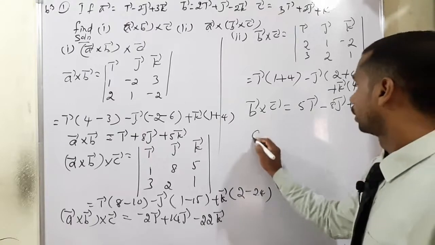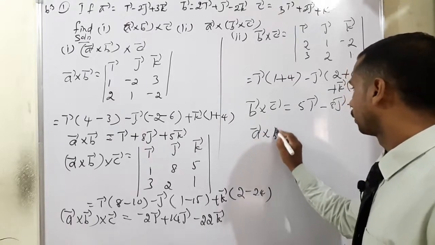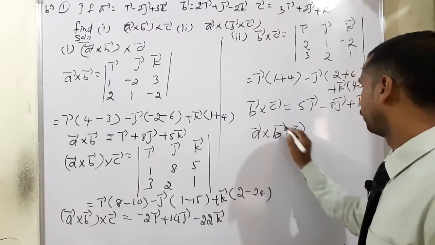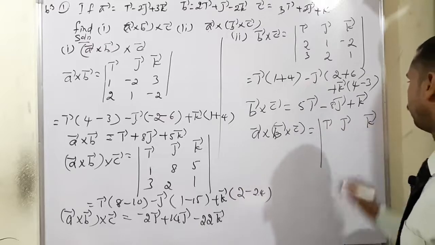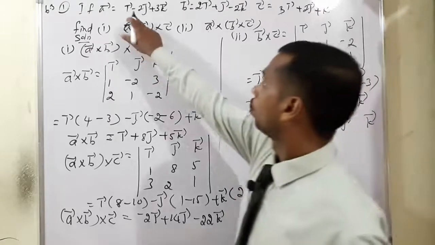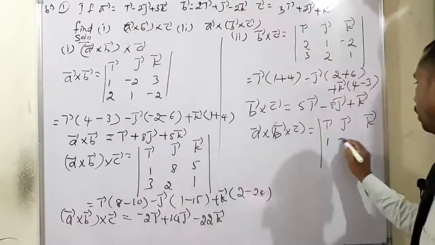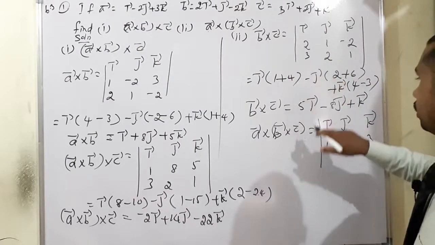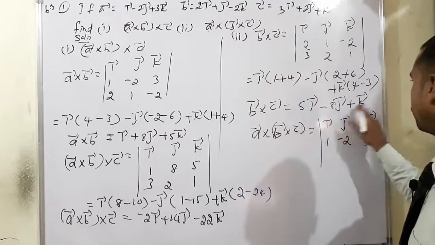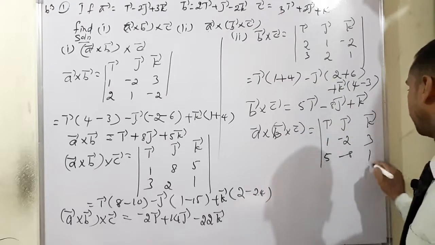Now the condition: A vector cross bracket of B vector cross C vector. Again determinant i, j, k; A vector term is 1, minus 2, positive 3; B cross C is 5, minus 8, 1.